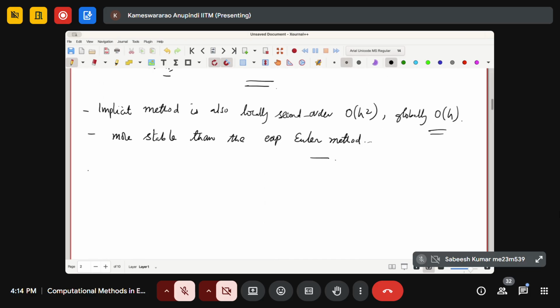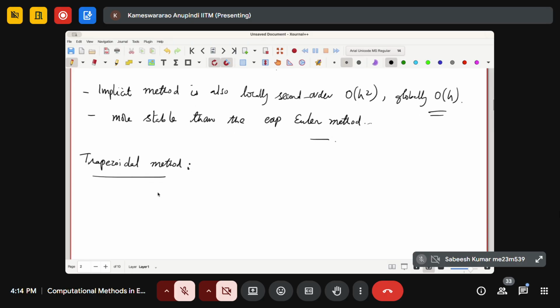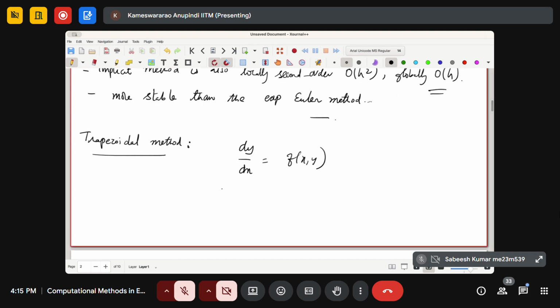Let us move on to the trapezoidal method. So what we have is dy dx equals f of x, y. This is the first order initial value problem that we are trying to solve. If I were to look at this integration analytically, then we want to solve this from yi to yi plus 1, integrating from xi to xi plus 1.